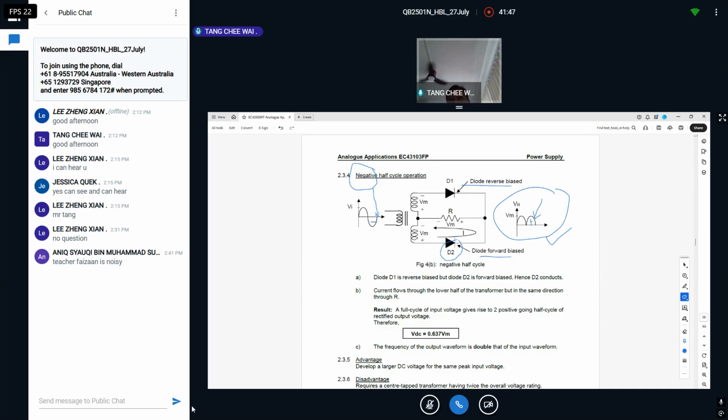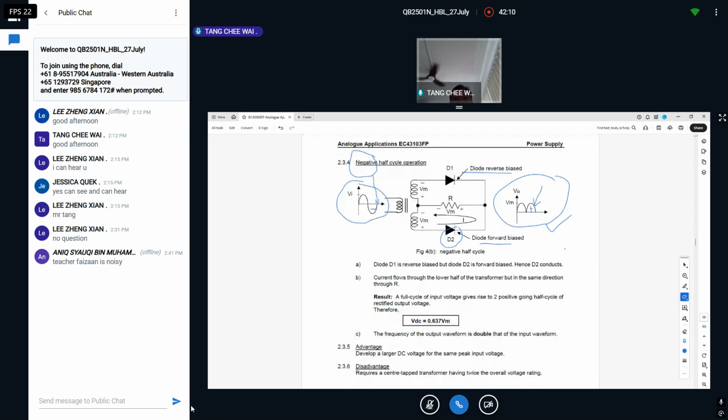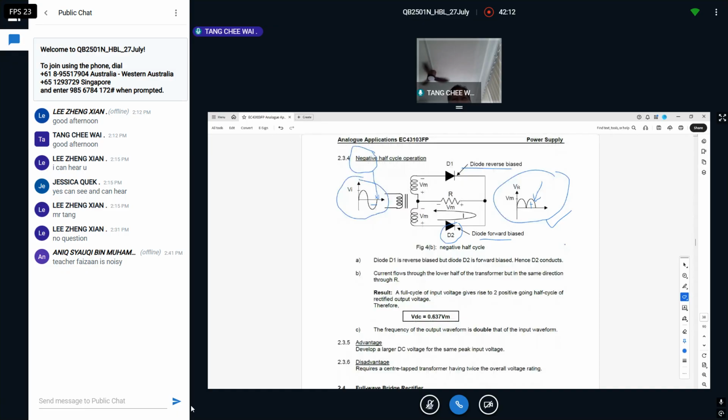So now you can safely say that the entire AC circuit has been converted into DC, for both halves, not only the positive half, the negative half also. So that's what you get at the output. Having said that, now that it becomes a full wave, your voltage DC here will be double.